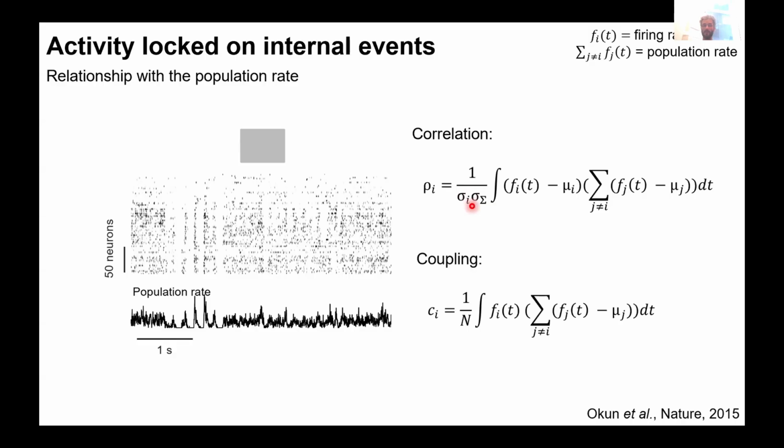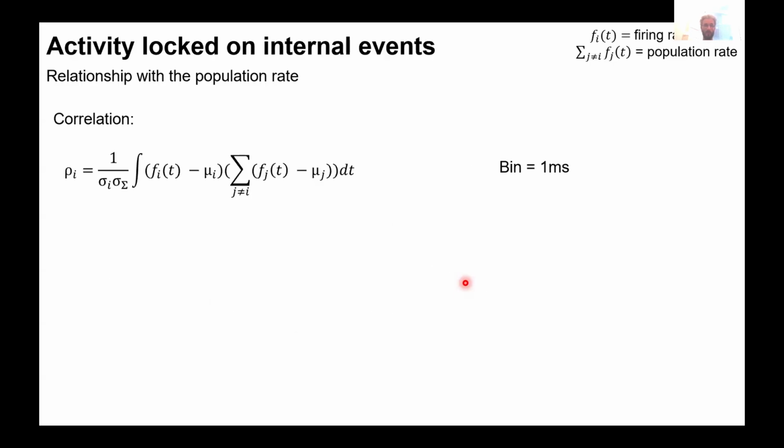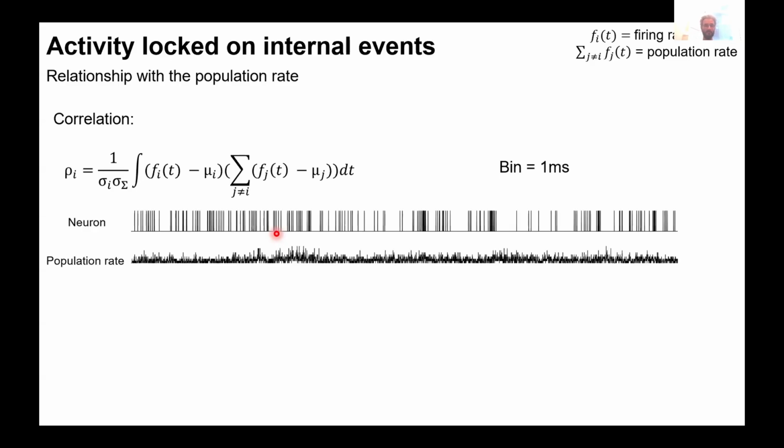Another thing that you can do is to take the population coupling, which is equivalent to the spike-triggered population average, where you won't remove the mean, and you have a slightly different normalization. I'll show you why you may want to use that compared to correlation. All right, so let's start with correlation. Again, you're going to have a few parameters that you may want to play with, and the first one is the bin size.